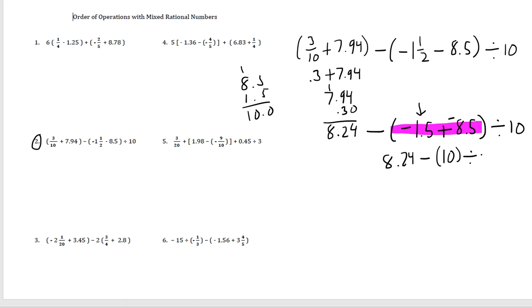We also have a divided by 10. Okay, at this point, remember order of operations says parentheses, then exponents, then all multiplications and divisions before we do any additions and subtractions. So next step is we are going to do this division before we do the subtraction.